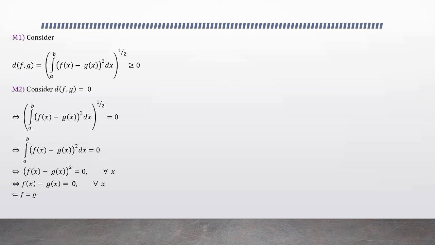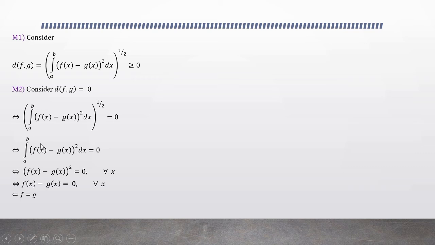Now the coincidence. Consider d of f, g is equal to 0. It implies, putting in the value of d of f, g, that this is equal to 0. Now taking the square of both sides, we get 0 square is 0, and here we get this value. But here a is less than b, and the integration of (f of x minus g of x) bracket square dx, x running from a to b, is equal to 0.